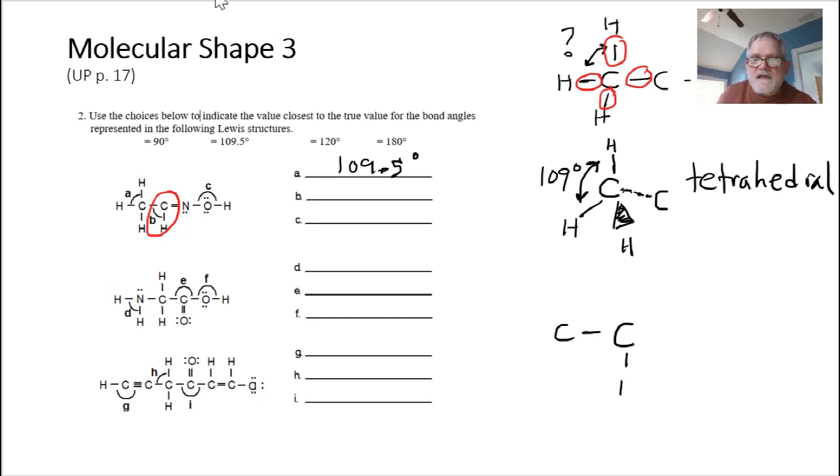It's bonded to a hydrogen, and then we have a double bond right there to the nitrogen. How many places do you find electrons around this central atom? We're interested in this angle right here. Count the number of places you find electrons around the central atom, which is 1, 2, 3. We've got 2 single bonds and a double bond.